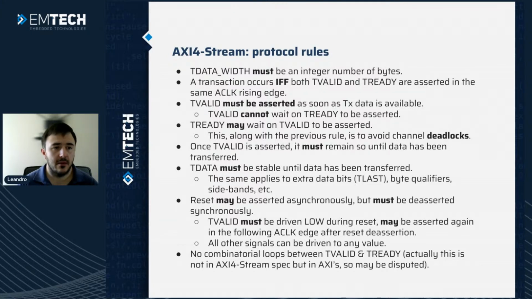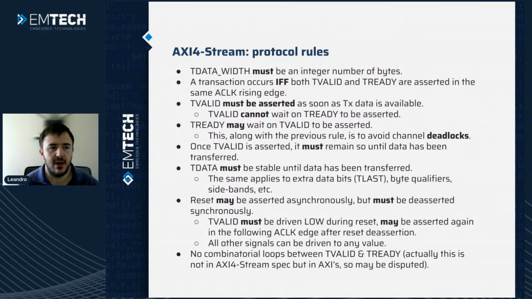TREADY, on the other hand, can wait on TVALID to be asserted. So the master has to assert TVALID as soon as there's data, and the slave can wait or not to assert TREADY to indicate a transaction acknowledged. This is mainly, well, to avoid channel deadlocks, but also helps with routing.